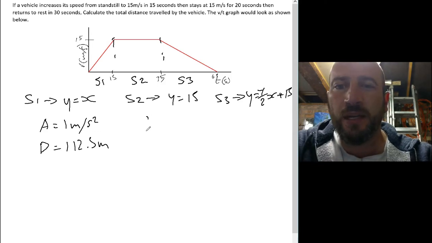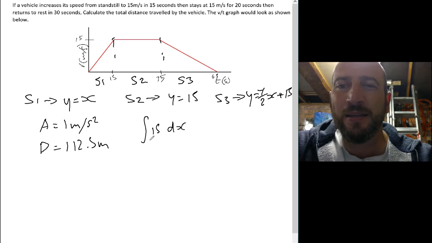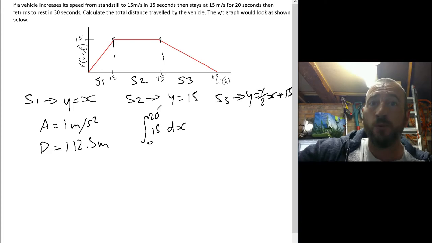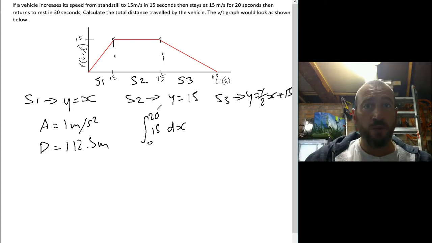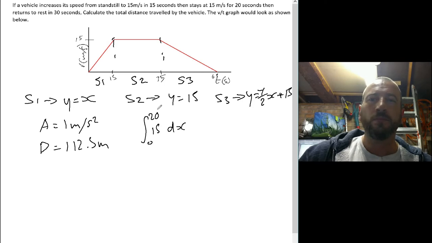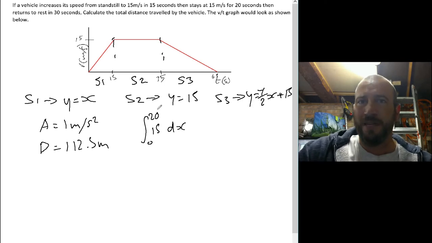So if we do the integral of 15 with respect to x from 0 to 20. Now I'm doing 0 to 20 rather than 15 to 35 because the graph is only consistent between 15 and 35, which is a range of 20 seconds. Now we integrate 15.